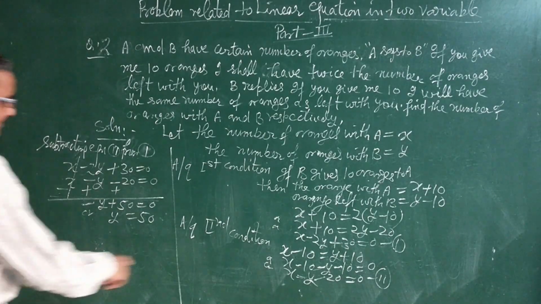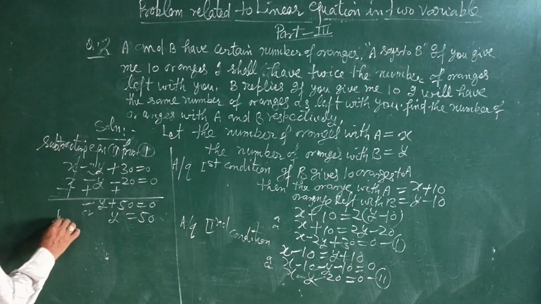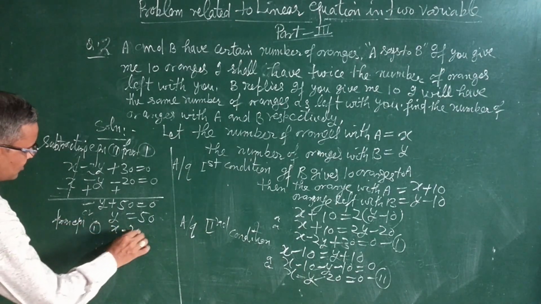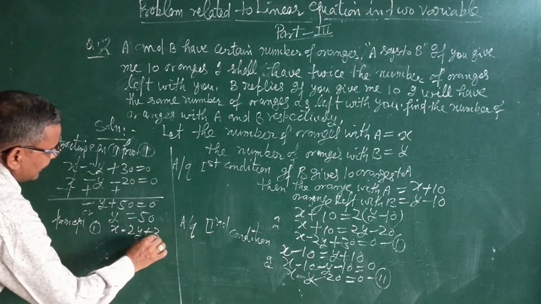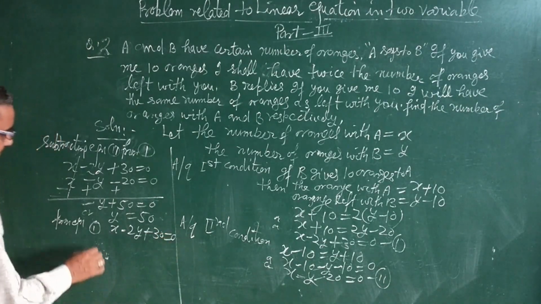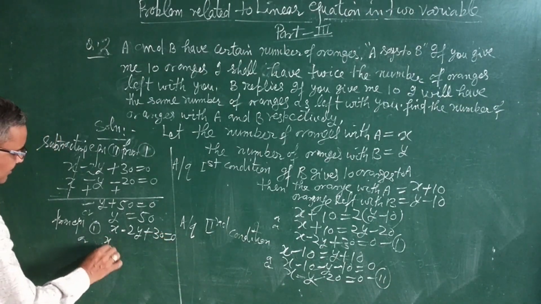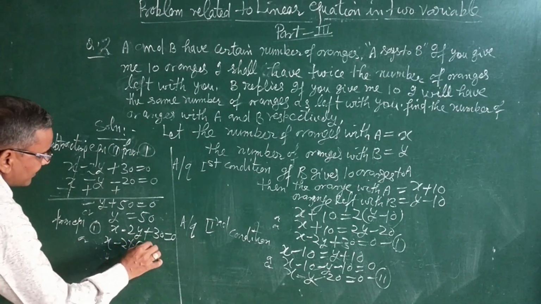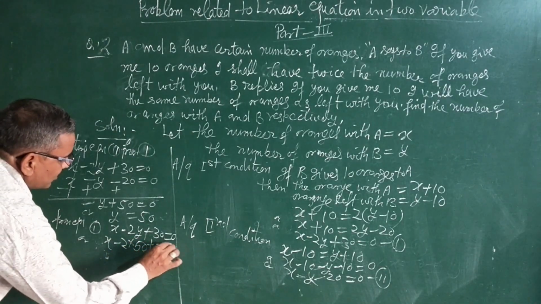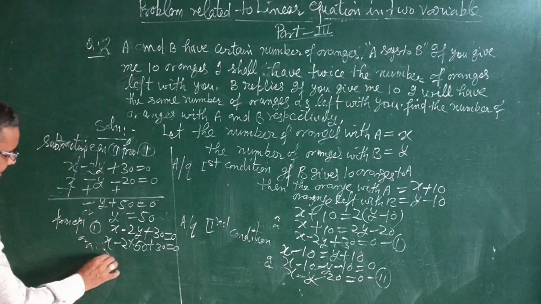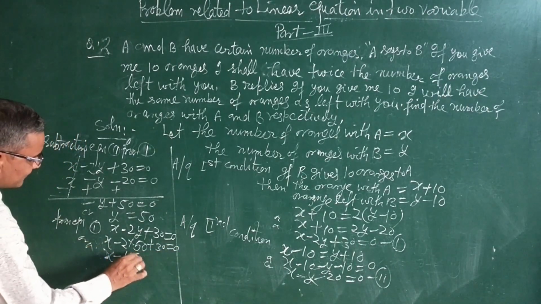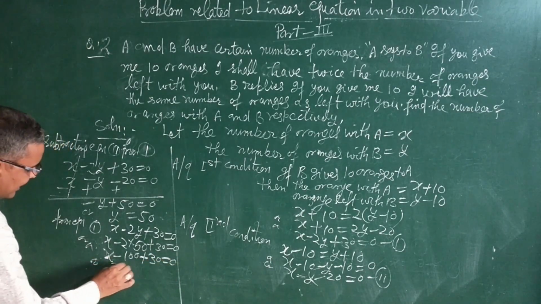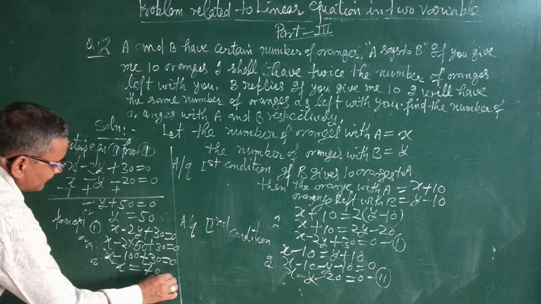Now from equation first, x minus 2y plus 30 is equal to 0, or x minus 2 into 50 plus 30 is equal to 0, or x minus 100 plus 30 is equal to 0, or x is equal to 70.